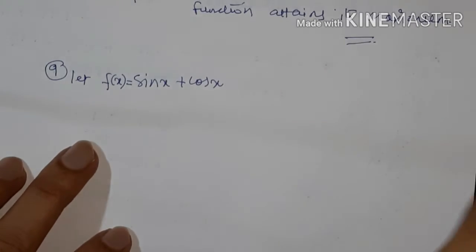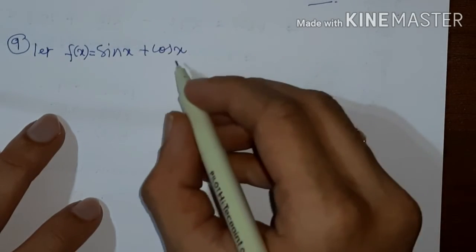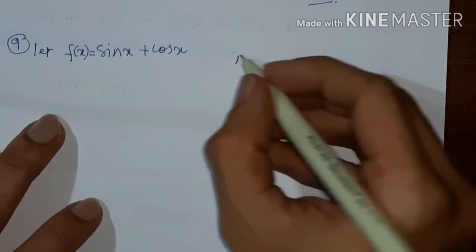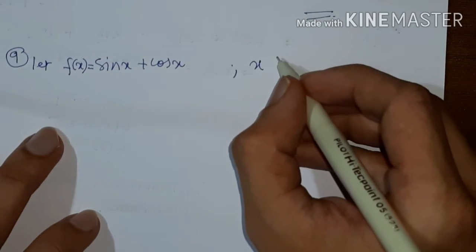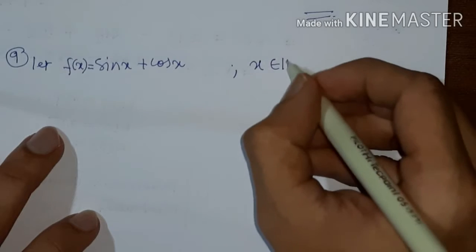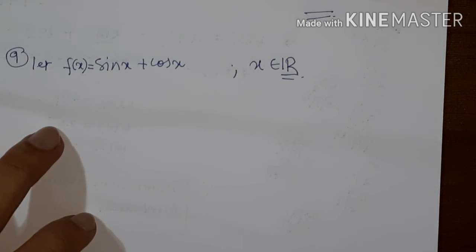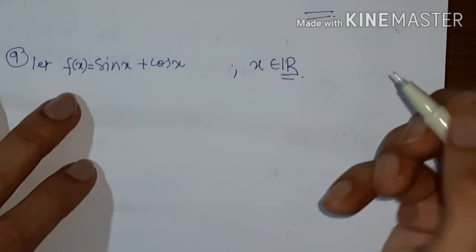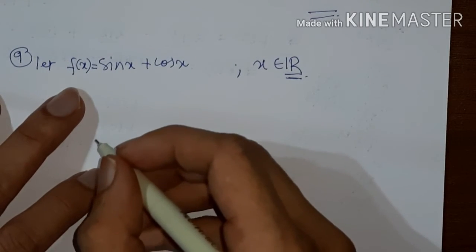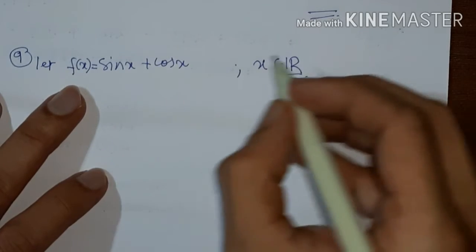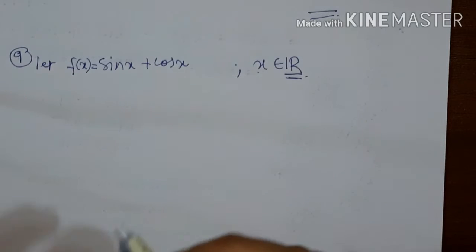So you have to understand that you take the domain as the set of real numbers, where x belongs to R. Since they have not mentioned any domain, they are asking you to take the domain x belonging to R.